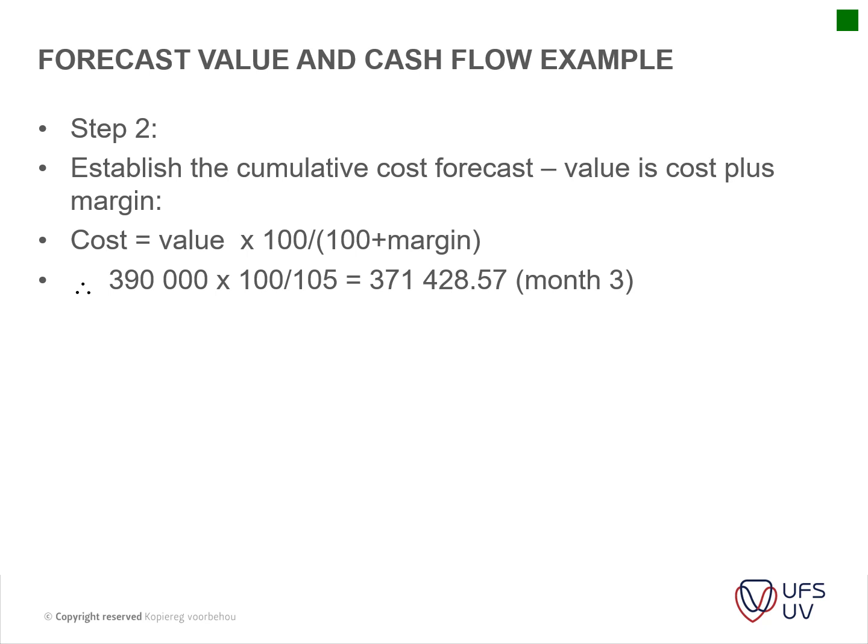Step 2 of the example is to establish the cumulative cost for this project. So your cost is your value of work done times 100, divided by 100 plus your margin. So for instance, if you've done 390,000 rand worth of work, your actual cost to have done that work is 370,000.